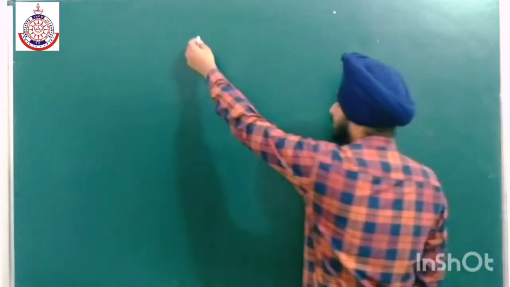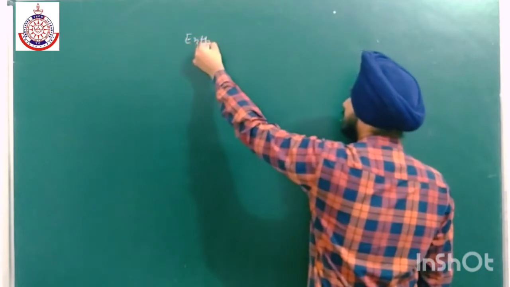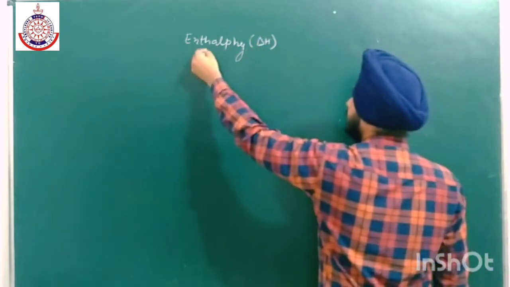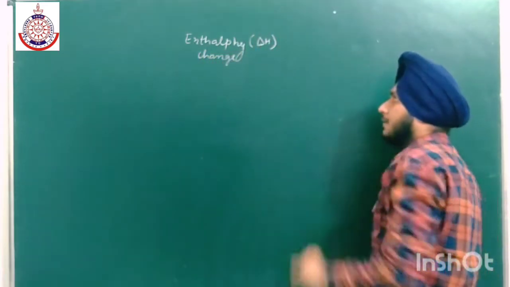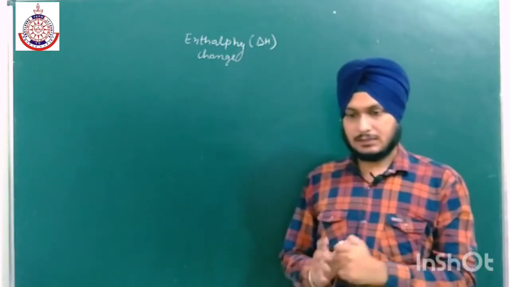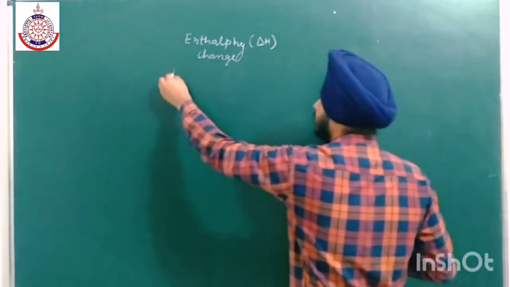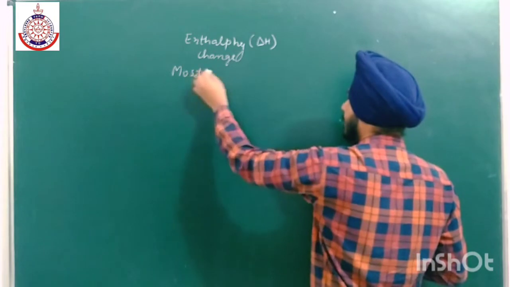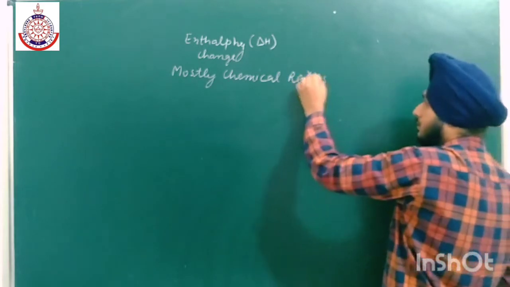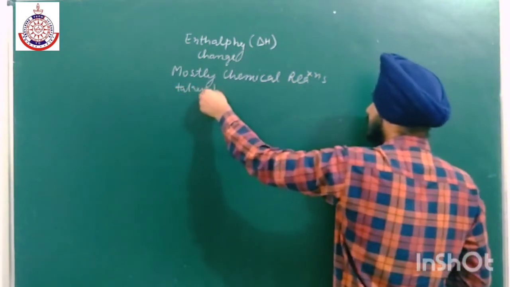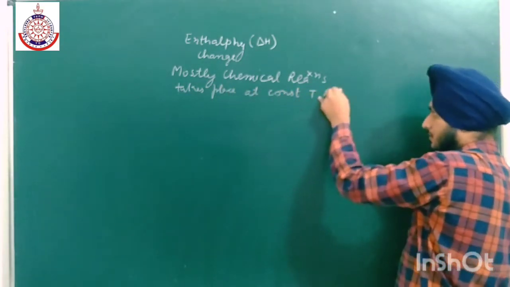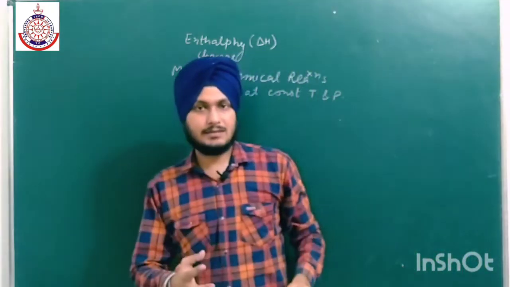Enthalpy is nothing but the enthalpy change, that is delta H. Enthalpy का हमें बहुत use है, ठीक है, in dealing with chemical reactions, because most chemical reactions take place at constant temperature and pressure.